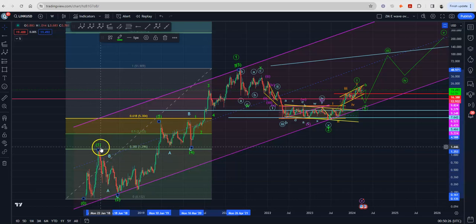So we begin with intermediate degree 1, ABC 2 correction, followed by a third wave correction after that, my apologies, followed by a wave 4 sideways correction.